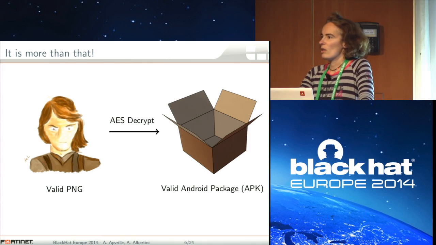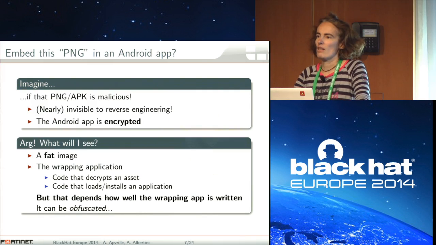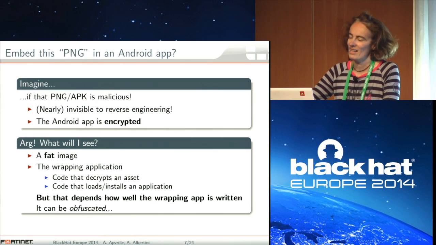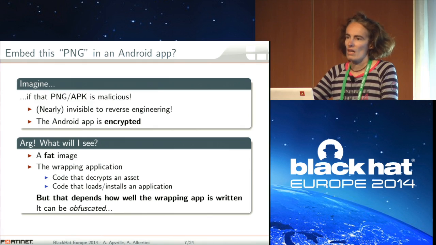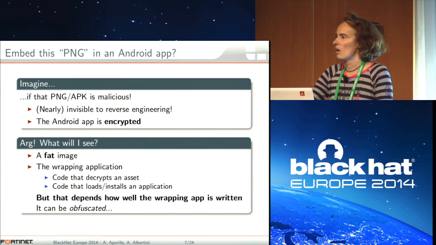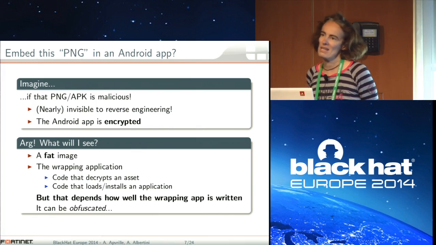Why would we be doing this? If we have a look at the adversary side, which is what we'll obviously do at Black Hat, just think if somebody has a malicious payload Android application, and he wants to make it invisible to the reverse engineer like me.